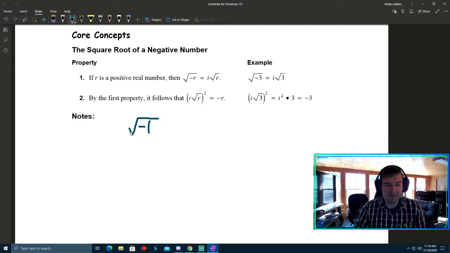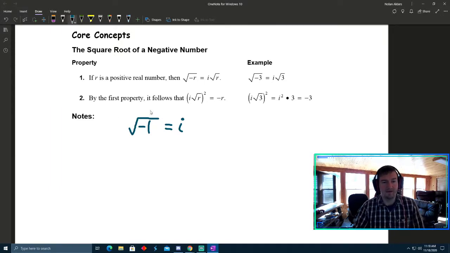So this square root of -1 is the definition of what we're going to call i. And i stands for an imaginary number. And this is kind of our basic understanding. So square root of -1 is equal to i.